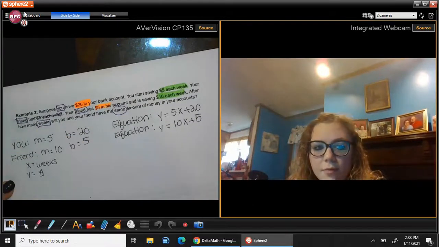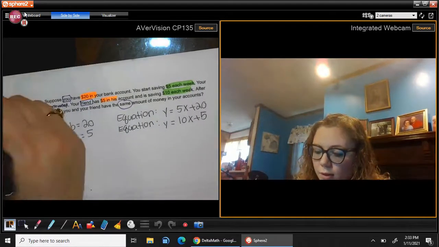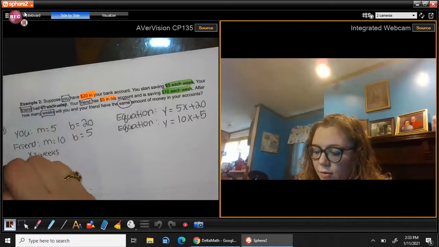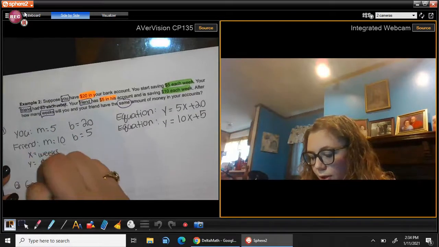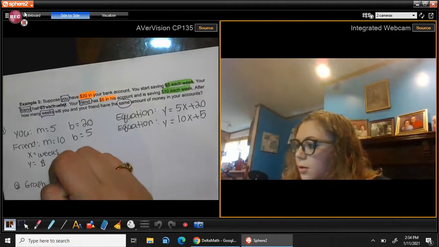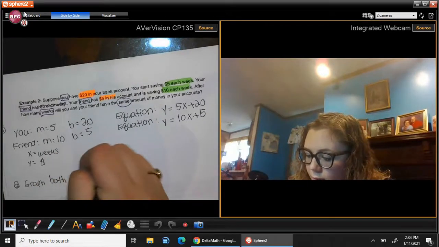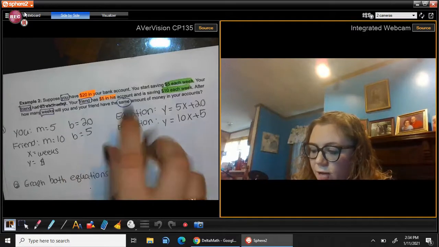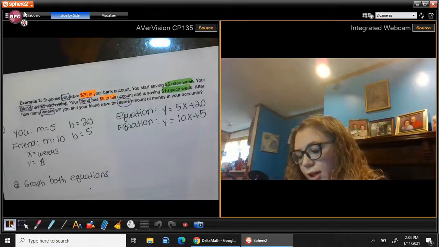Okay. So this is step 1. Step 2, you're going to graph both equations in Desmos and find where they intersect, because we're trying to find the same amount. Okay, we want to know what point they share.